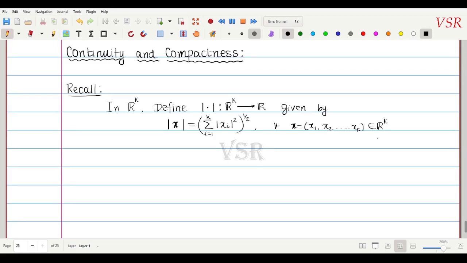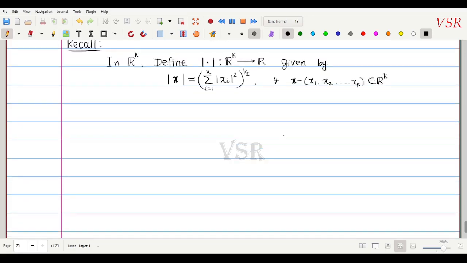So இப்படி இருந்தது அப்படின்னா we can define a metric. Okay, so this is called a norm. This is a norm னு சொல்றதோட I call it to be the usual norm, known as the usual norm function in R power k.